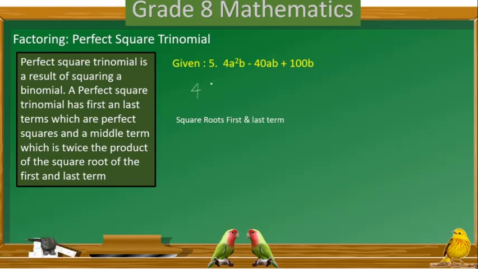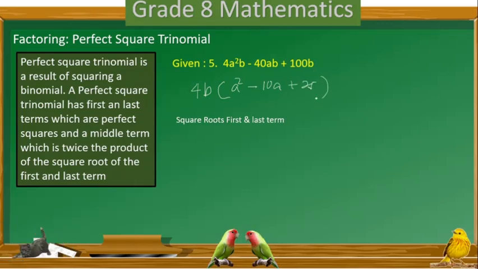No? 4 can divide all of these numerical coefficients. Then what is common in the variable? Only b. So we'll write b. Okay, 4a squared b divided by 4b, that is a squared. 40ab divided by 4b, that is 10a. Then plus 100 divided by 4, that is 25.